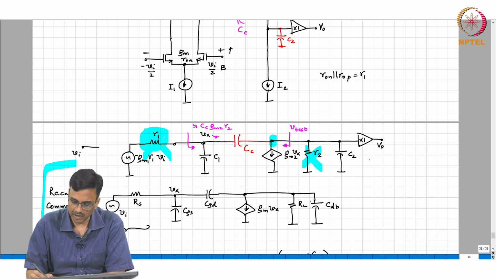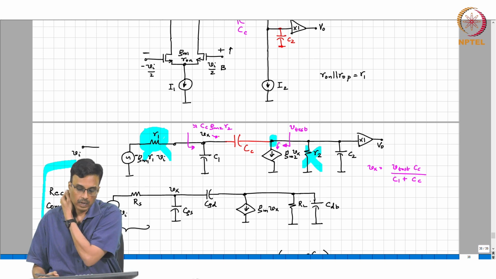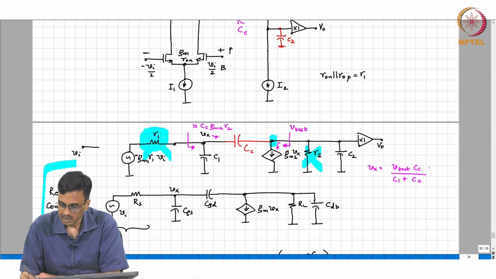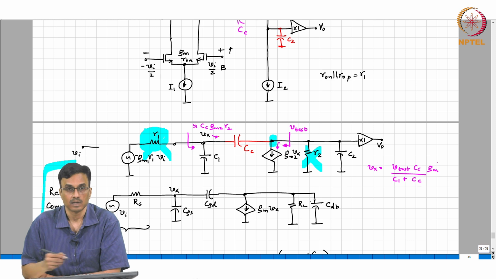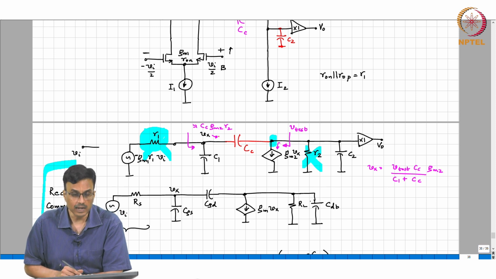Yeah, that's nothing but Vx is nothing but V test into Cc over C1 plus Cc. So, what is the current flowing here? This times Gm2, correct. So, what is the resistance looking in?